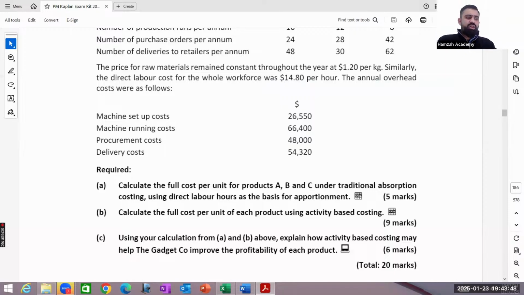Now there is another requirement, using the calculation from A and B: explain how ABC costing may help the company improve the profitability of each product.